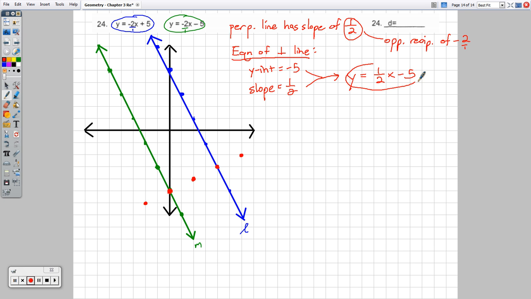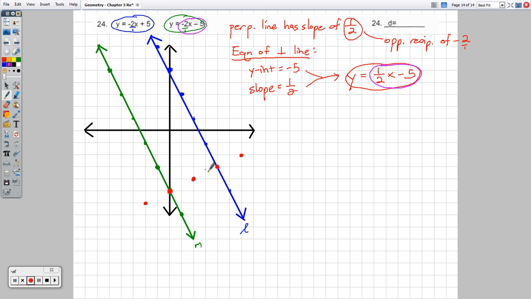So I'm going to use this equation, and I'm going to use the green equation, and I'm going to set up a system of equations. I know that y equals both this and this. Let me circle the -5 there. There we go. y equals -2x minus 5, and it also equals 1/2 x minus 5.